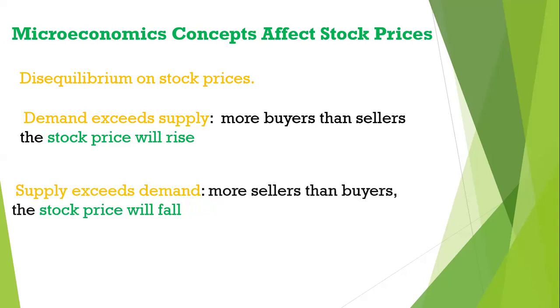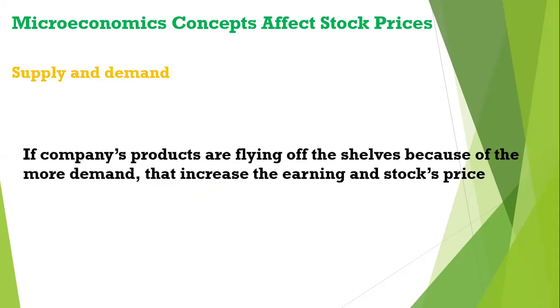So how do you look at the demand? If the people who are willing to buy the stocks are more than the ones who are selling the stocks, then that's where you have demand exceeding supply, and vice versa. Supply and demand.